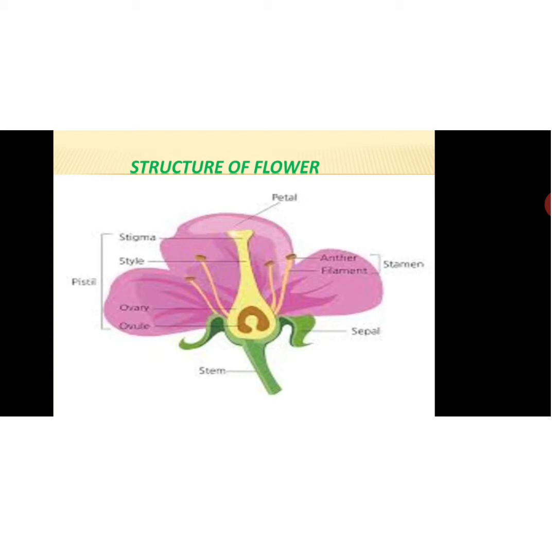So now we are going to start what are the parts in a flower. Now the structure of flower. Flowers vary in many ways, but most flowers have the same basic structure. How can we say? In the structure of a flower, a flower has a stalk-like structure which joins it to a stem.